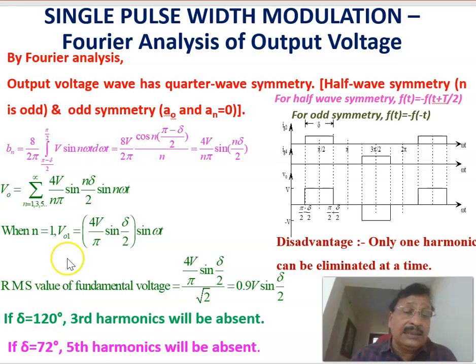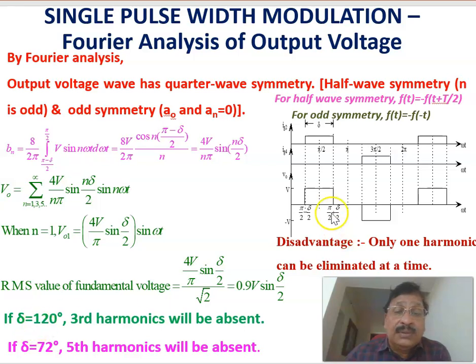When delta equals 120 degrees, the quantity sin(n delta by 2) becomes zero for n equal to 3, so Bn will become 0.